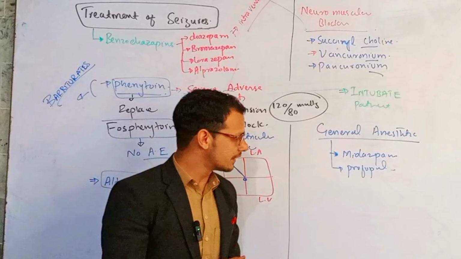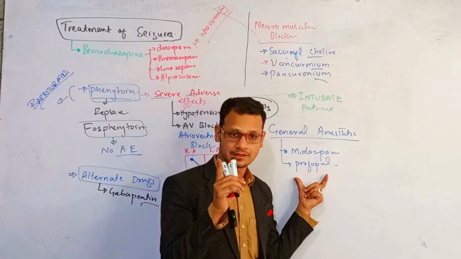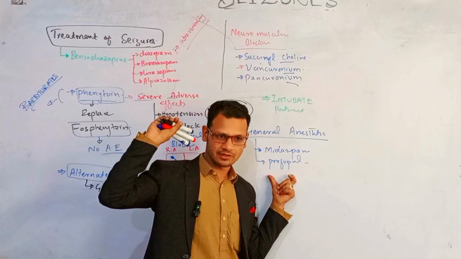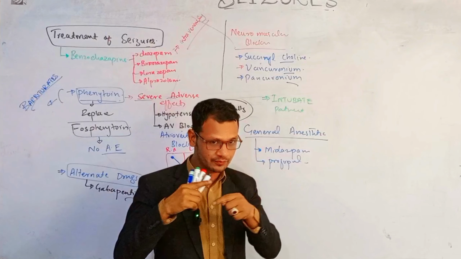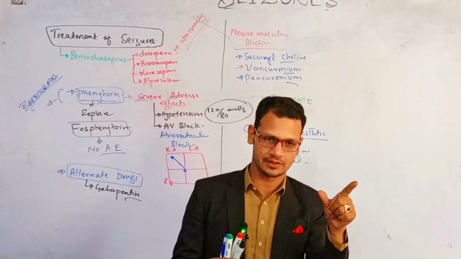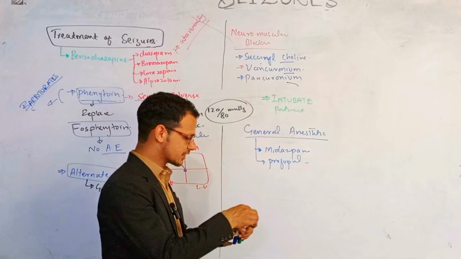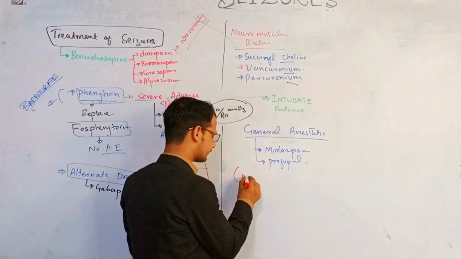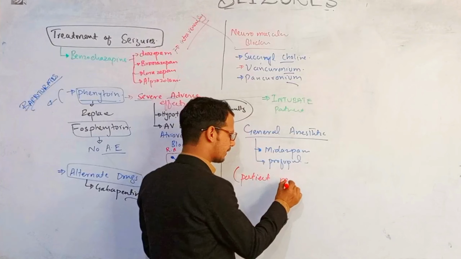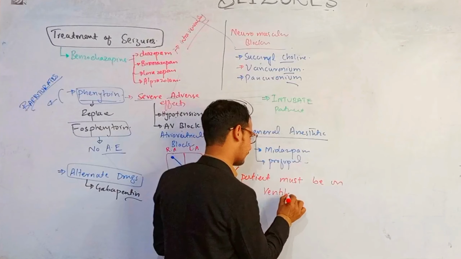But remember that when you are giving propofol, this is the final step of the treatment of seizures. When you are giving propofol or general anesthetics, the patient must be on a ventilator because it blocks breathing.